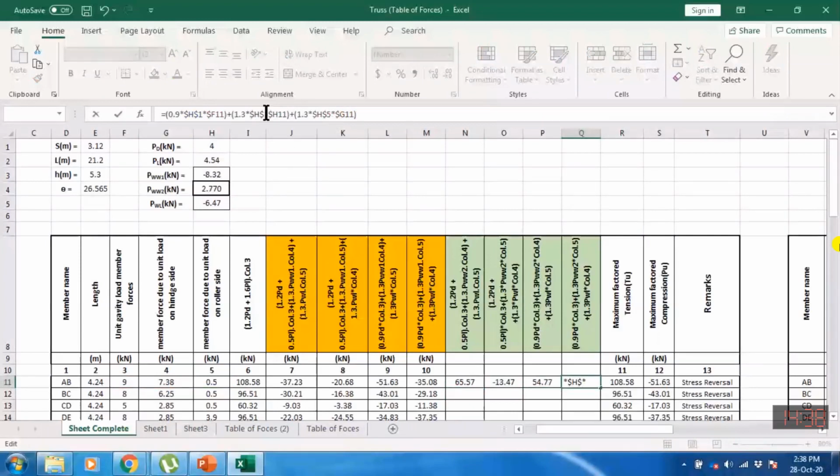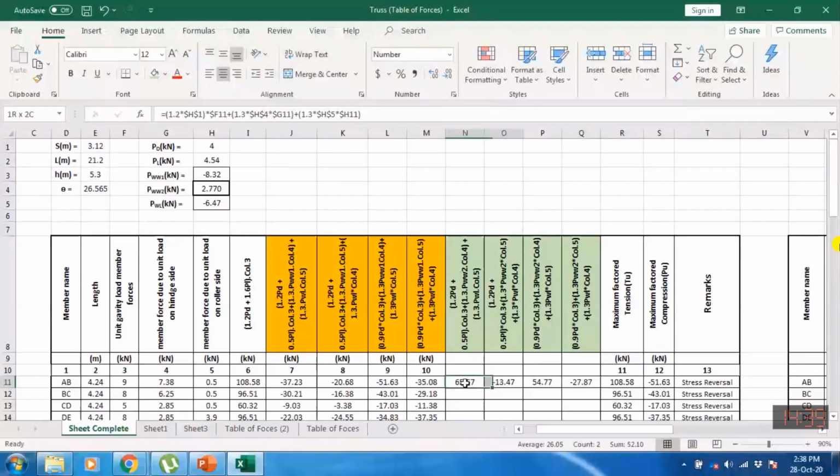This formula is applied. Anyhow, there is a mistake in this formula that you will correct, but let me correct it at the same time. So this is 1.2. He has forgotten to put 1.5 PL case.